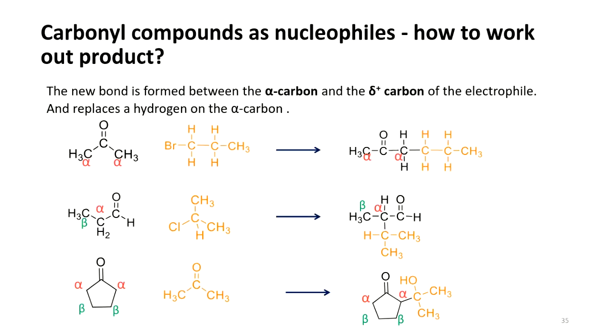Okay, so we're going to look at how we can now use these carbonyl compounds as nucleophiles. Here we have 3 examples of carbonyl compounds: a ketone, an aldehyde, and a cyclic ketone. The ketone, which is acetone, has two alpha carbons, so the carbanion can be on either carbon.